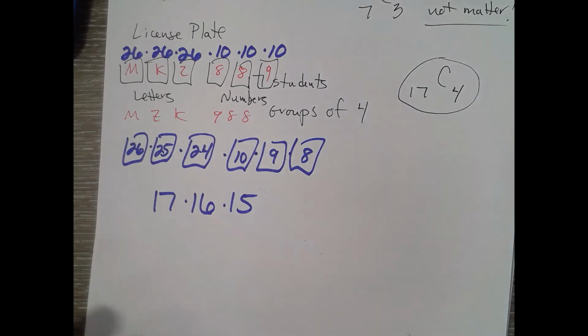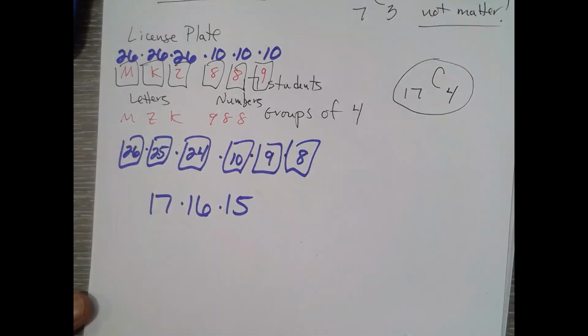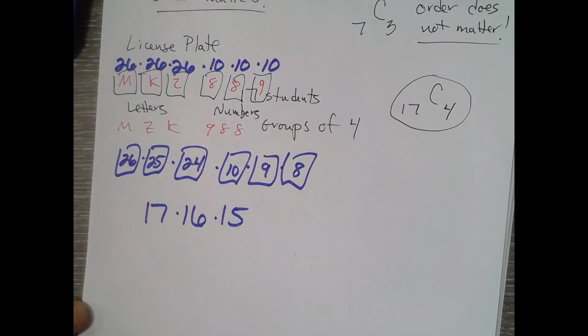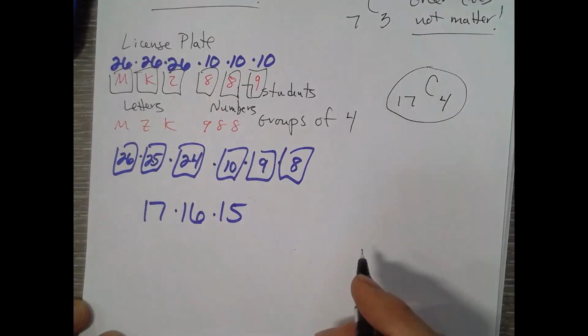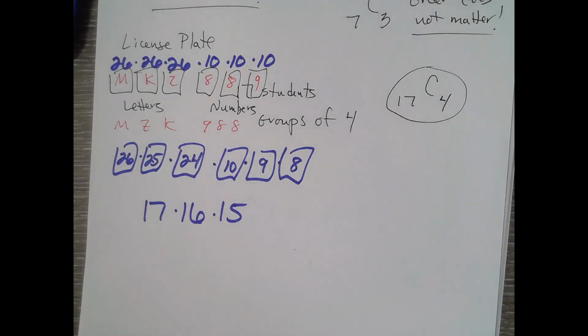All right, so let's say we're playing old school poker where you get 5 cards rather than Hold'em. How many different ways could you get a hand of 5 cards? Does the order matter? Not really.